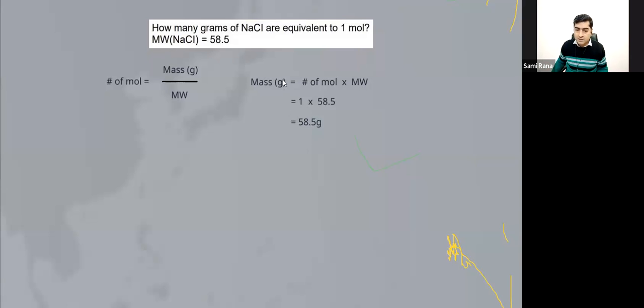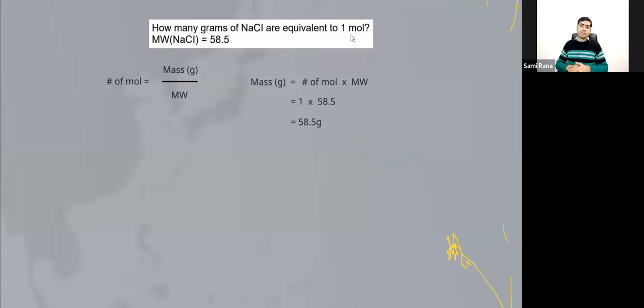So we have proven this with the formula. If it is given in millimoles, that 1 millimole is equal to, then as we are talking about the milli level, we will say there are 58.5 milligrams in 1 millimole. Or if we are talking in moles, we can easily say there are 58.5 grams in 1 mole of NaCl.